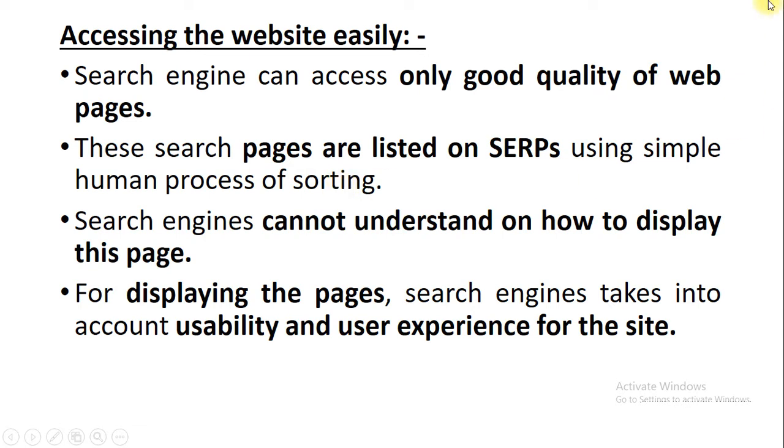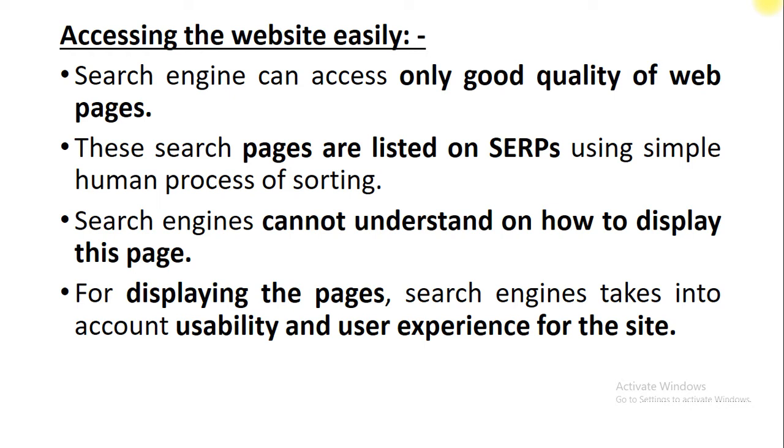Now the search engine cannot understand in what order it needs to show the pages. For displaying the pages, a normal human being can apply the experience of the user to the site, and the user can take a decision about in what order to represent the pages, in what order to arrange the pages, right?